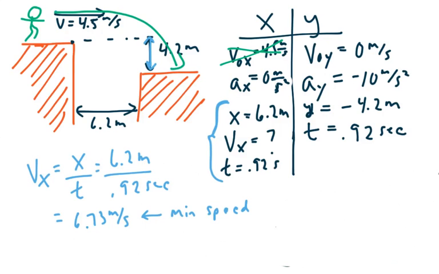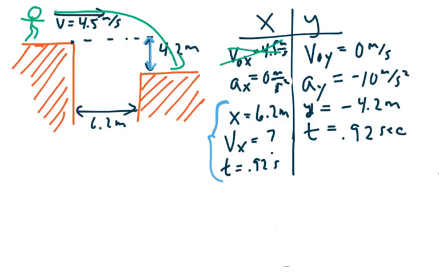So let's expand this and make it a third problem. Let's assume he is moving at that 6.73 meters per second and makes this jump. My question is now, what is his impact velocity, or impact speed, when he strikes the ground?